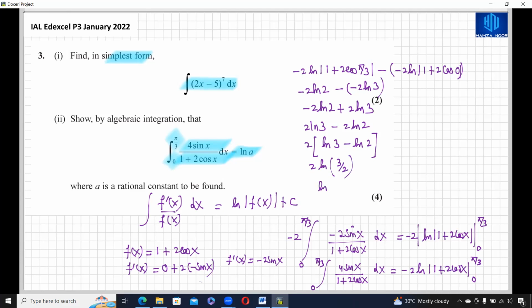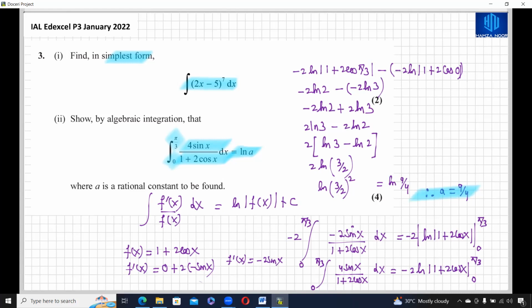Okay, so this is exactly equivalent to ln of 3 over 2 squared. So when 3 over 2 is squared, it becomes 9 over 4. Therefore, ln 9 over 4, and we have found our answer in terms of ln a. Therefore, a is equal to 9 over 4.